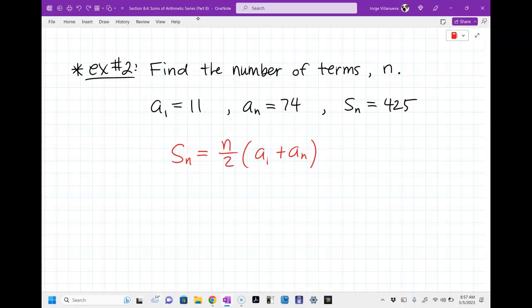So, S sub n, they told me it was 425. So there we go, 425. I don't know what n is, so I'm going to write n over 2. And then a sub 1 plus a sub n, that's 11 plus 74.